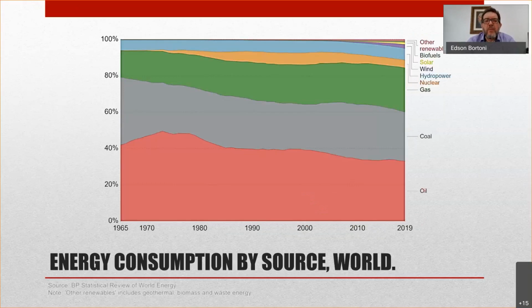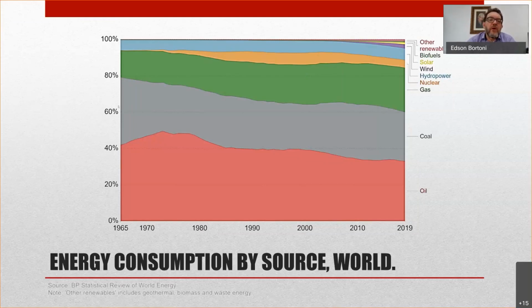Here we have the same graph spanning only about 40 years. Here we have a percentage view. For example, oil in 1965 was responsible for about 40% of the total consumption, but nowadays it's about 35%. It's reducing.